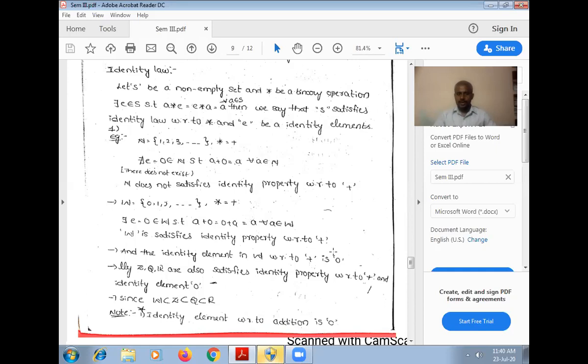But here 0 does not belong to N. So N does not satisfy the identity property with respect to plus, because 0 is not a natural number.